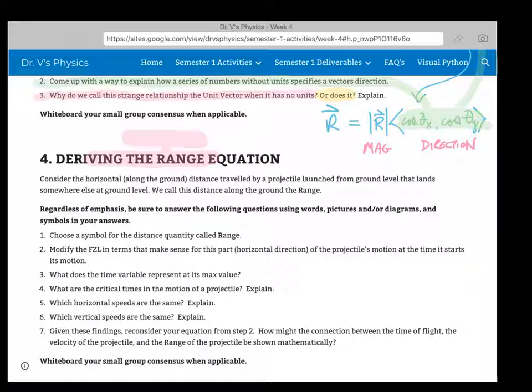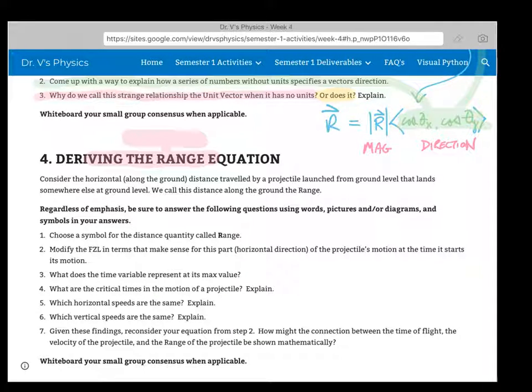Now the reality of our problem may not be exactly that way. You might be firing from a valley on top of a cliff, or from a cliff down into the valley, or maybe you're kicking a football from ground level and it hits the goalpost, the crossbar, or lands in the stadium above ground level. But there's still a horizontal range.